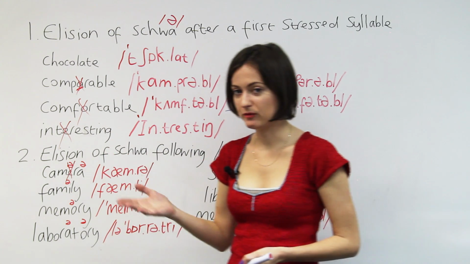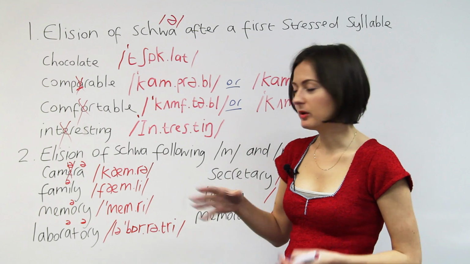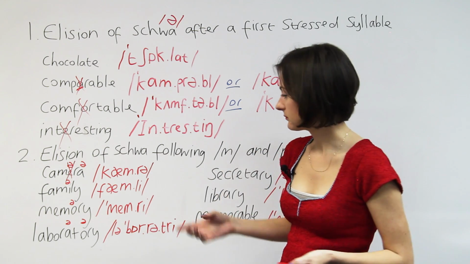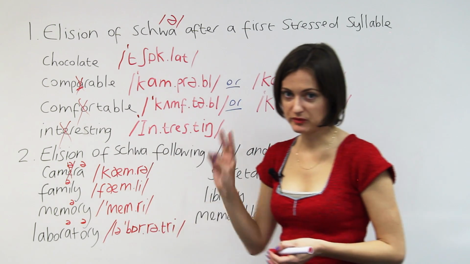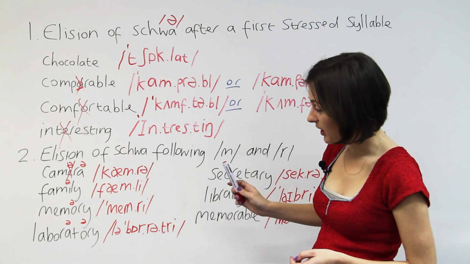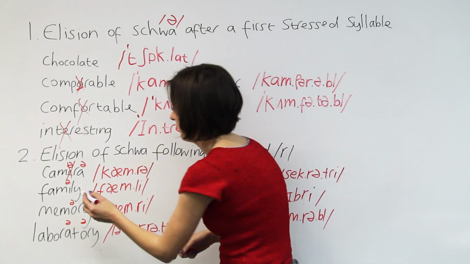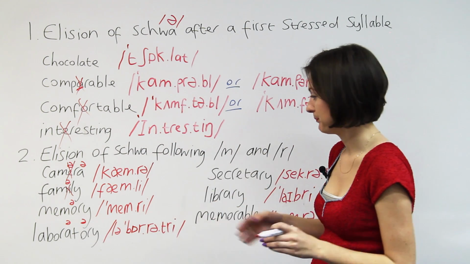I didn't say it with elision that time. You will hear people say family, but sometimes you'll hear it this way, family, just with two syllables. Elision of schwa after M means that we're not saying the I there, so it just becomes family.